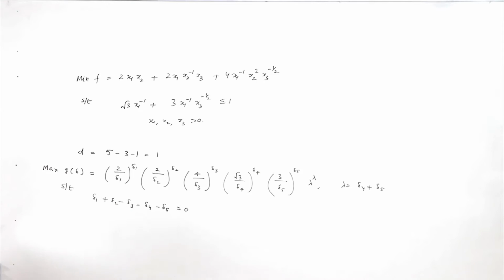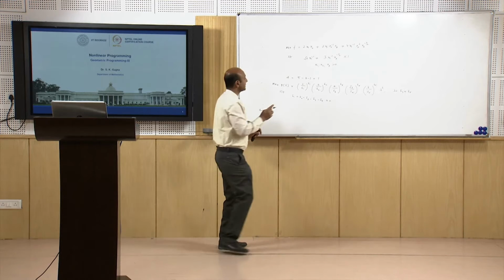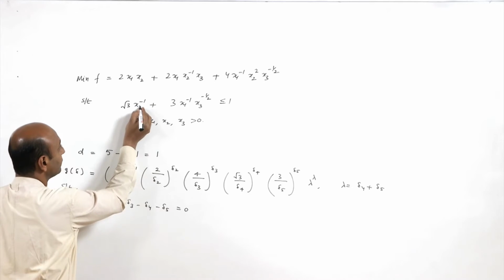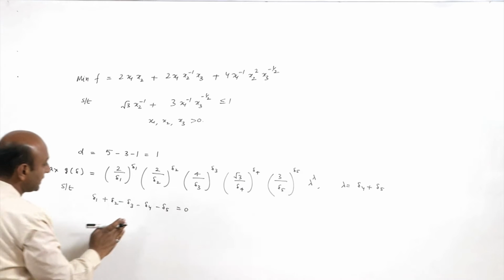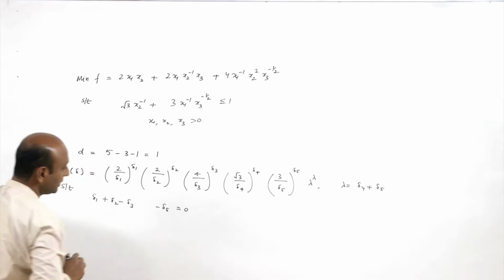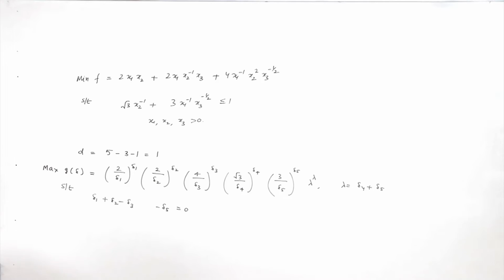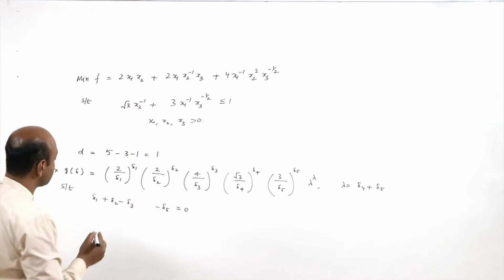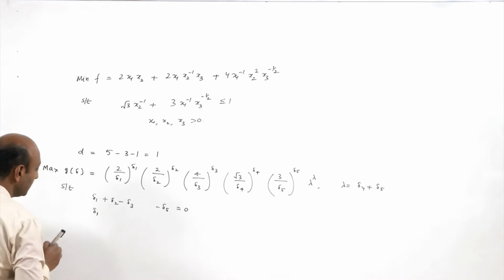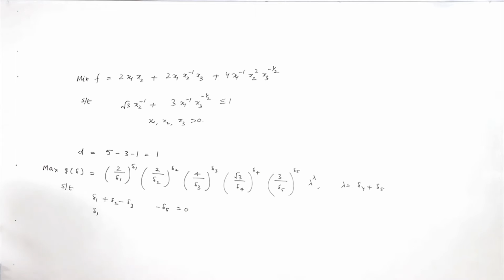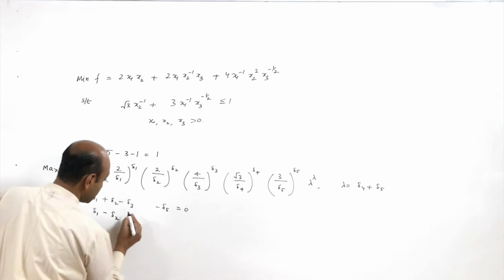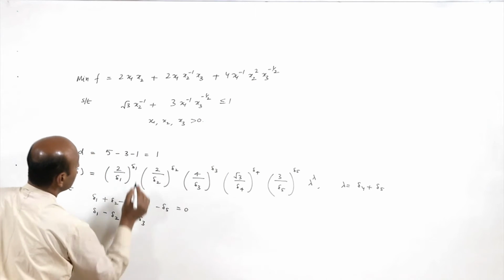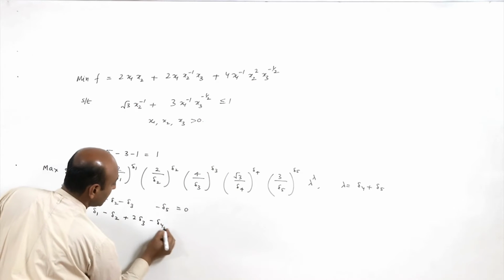Now, corresponding to x2. In the problem it is x2 raised to a minus 1, so delta 4 will not be in the constraint. Corresponding to x2 it is delta 1, then from the next term minus delta 2, here it is plus 2 delta 3, then here it is minus delta 4 equal to 0.